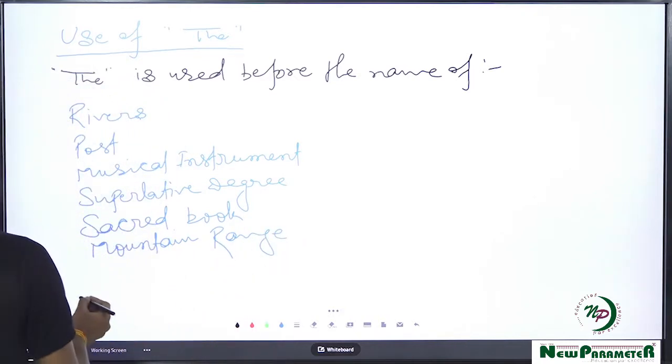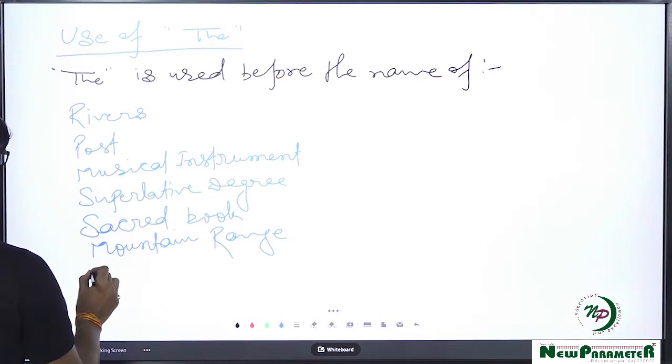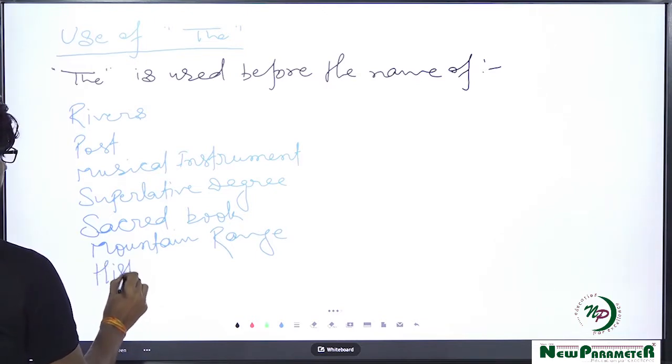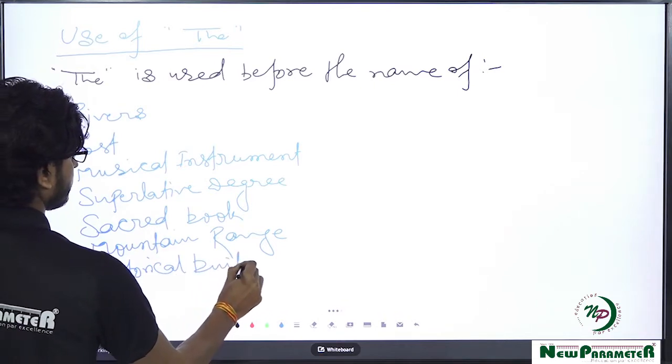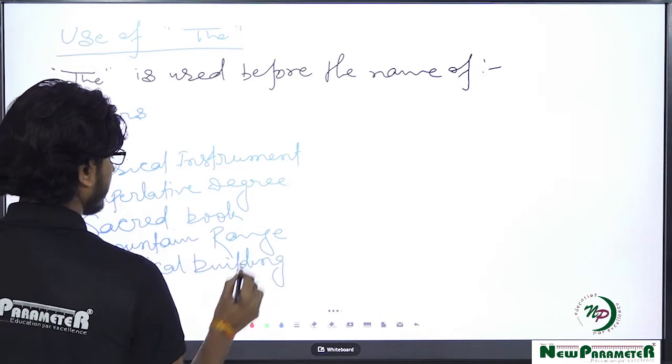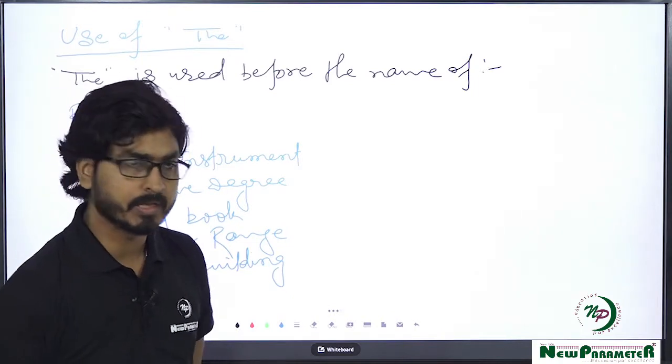Okay, we can also use article the just before historical buildings, or you can say ancient buildings.